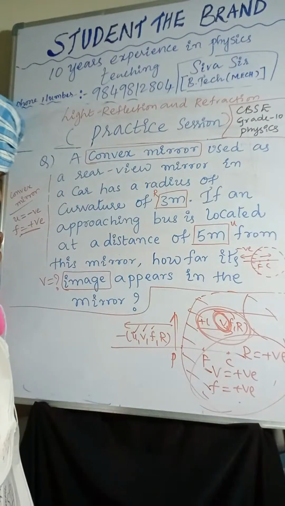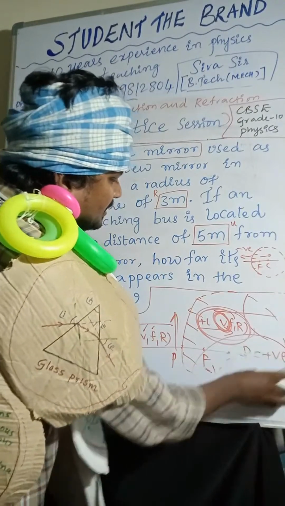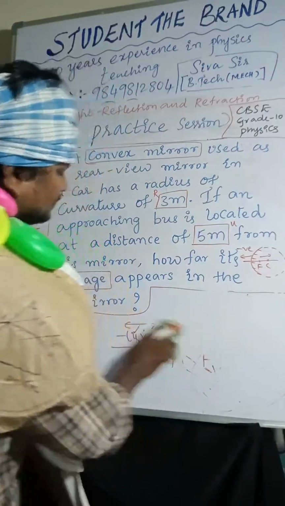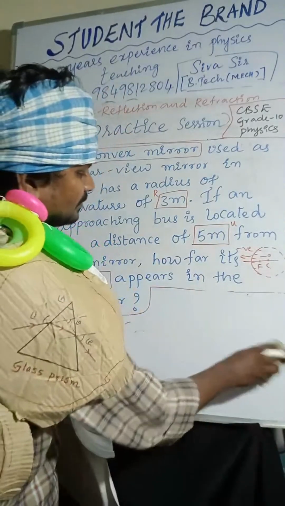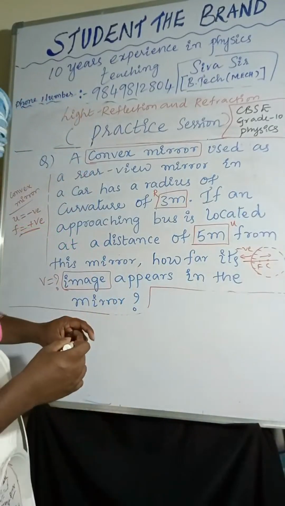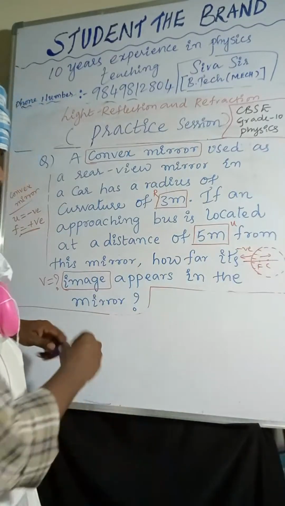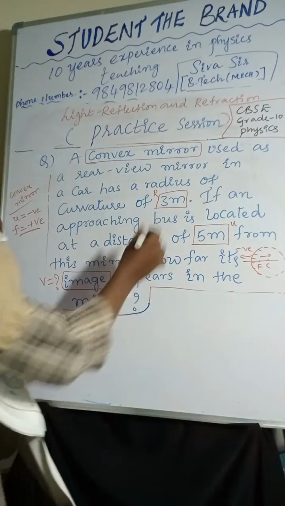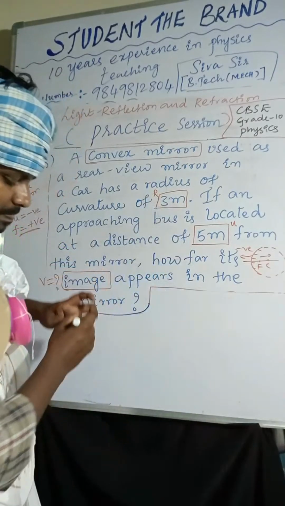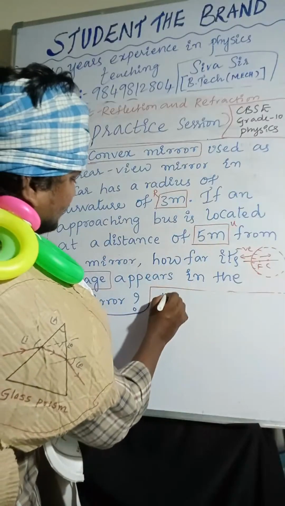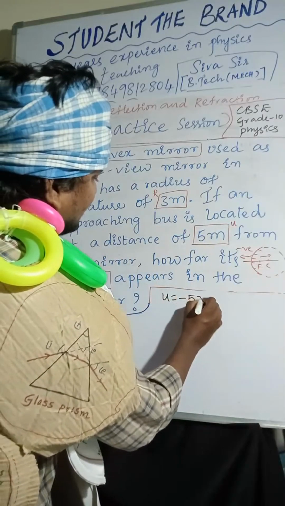Fine, now we go to the next one. How much is the object distance given? Object distance is minus 5 meter.